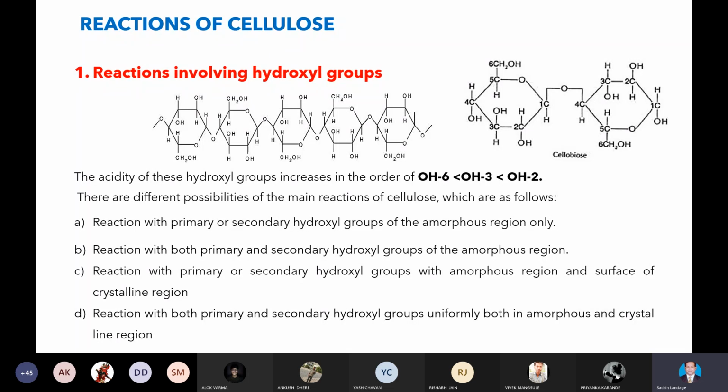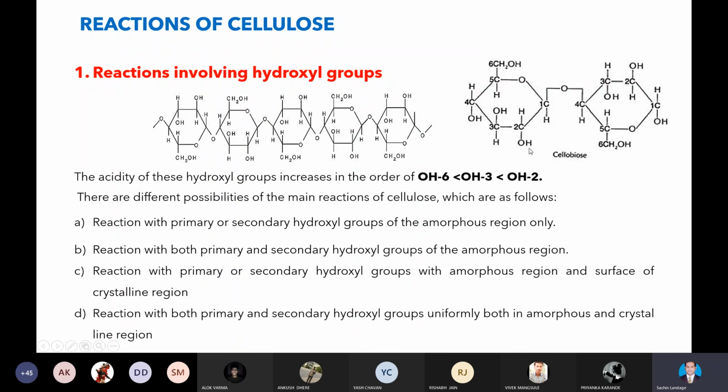Out of this, this is called a primary hydroxyl group, and these two are secondary hydroxyl groups. Got the point? Because this is a separate individual one, that's why it is primary, and these two are secondary.